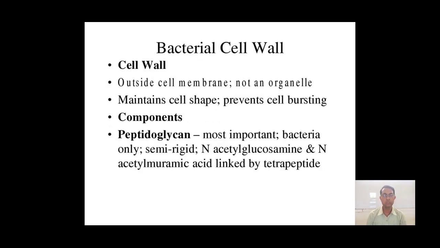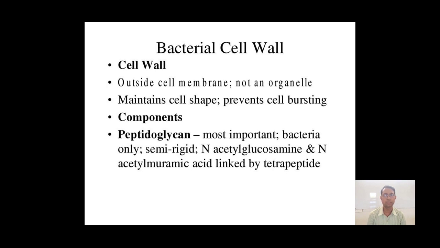Now, when we talk about the prokaryotic cell wall, simply we can call it a bacterial cell wall because the best example of a prokaryote is bacteria. So, in the bacterial cell, there is a cell membrane. There is no organelle, so it is easy to maintain cell shape. Peptidoglycan is the most important cell wall supporting substance.